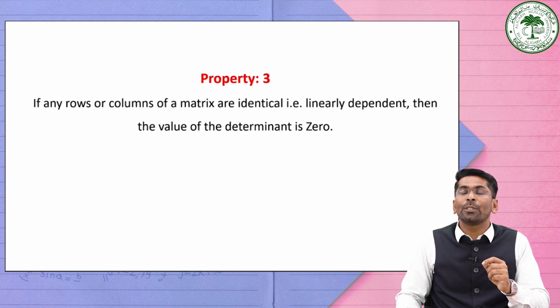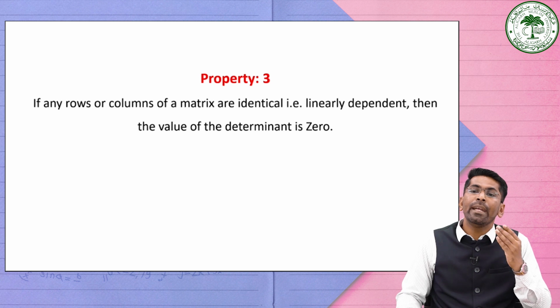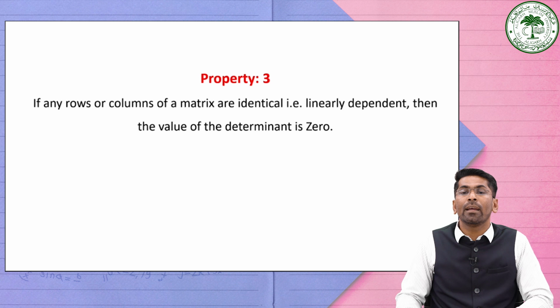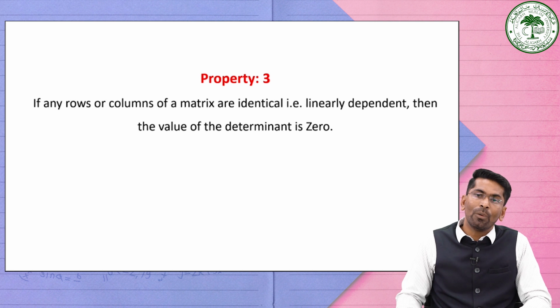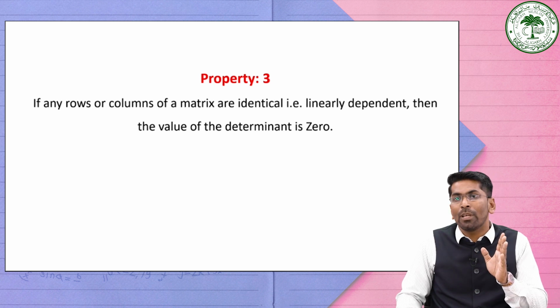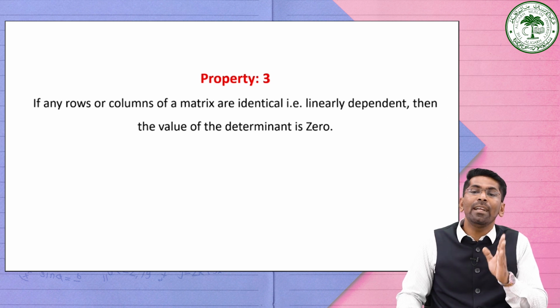This property has many applications of the determinant, such as in determining whether a system of linear equations has a unique solution or not. If the determinant of a coefficient matrix is 0, then it implies that the system of equations either has no solution or has infinitely many solutions.